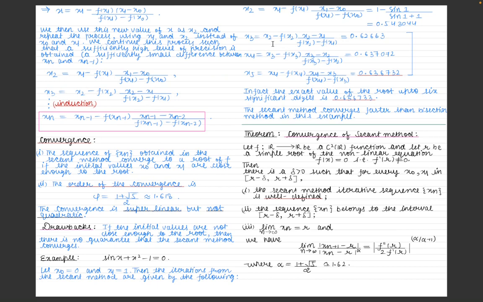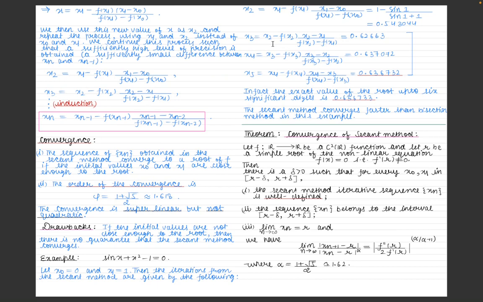So up until now, what we have done, we have discussed an algorithm of a root finding method, which is called the secant method. And how does it work? So you start with two initial values, you join these two points via a line, which is called the secant.